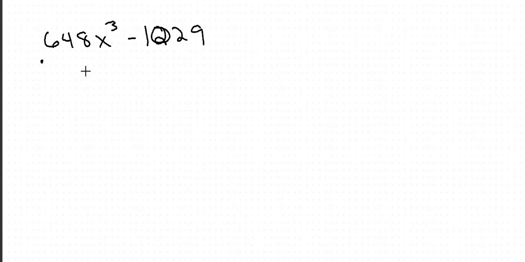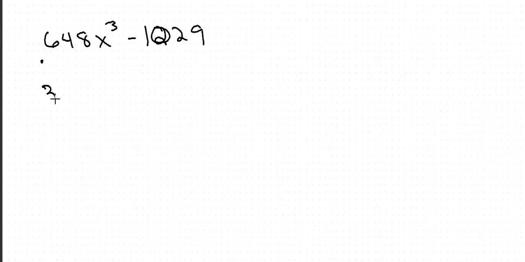Okay. Can you take 1029 and divide it by 3? What do you get? 343. Can you take 648 and divide it by 3? What do you get? 216. Look at that! Okay, so I got a GCF in here.